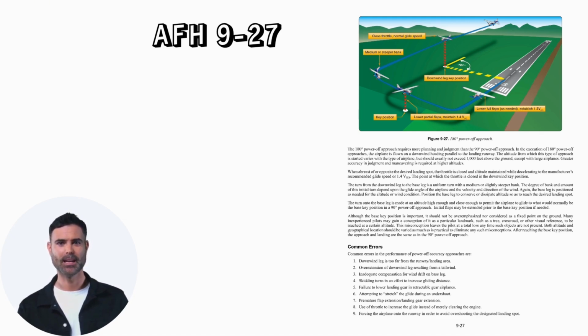The degree of bank and amount of this initial turn depend upon the glide angle of the airplane and the velocity and direction of the wind. Again, the base leg is positioned as needed for the altitude or wind condition. Position the base leg to conserve or dissipate altitude so as to reach the desired landing spot.